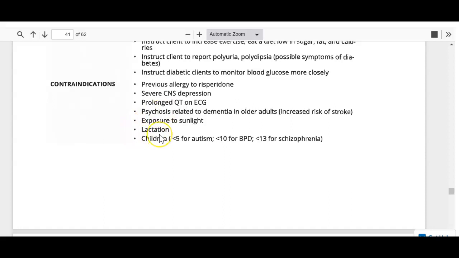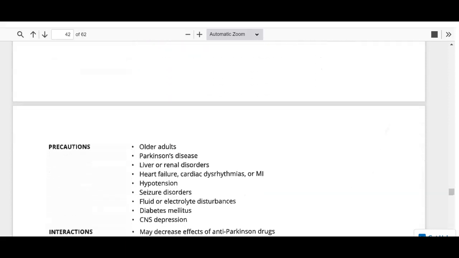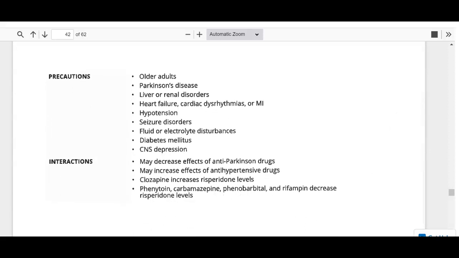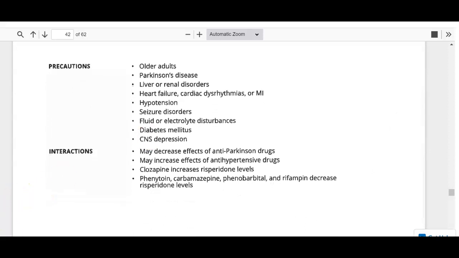Here's another issue with lactation. And then it can also have an interaction with some of the anti-Parkinson's drugs. So if a patient has Parkinson's, then we want to tell them to monitor their symptoms as well and to report any changes.